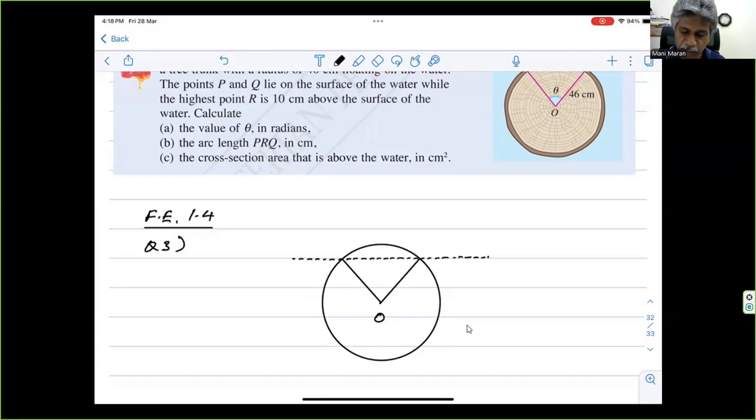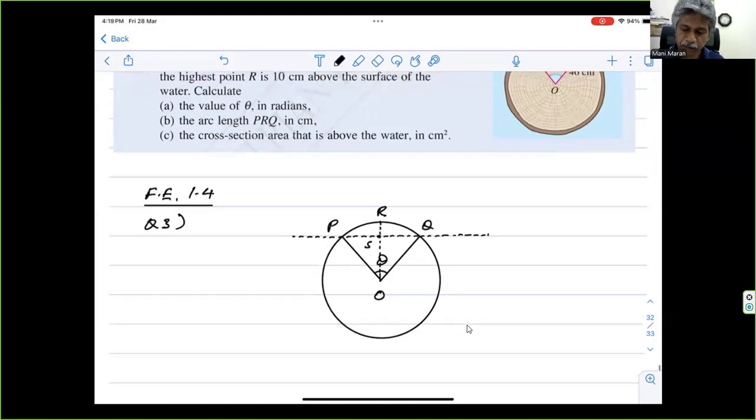And then this will be labeled as P and Q. The highest point will be R. And then you are also given this angle, and this angle is theta. Now draw a vertical line, another dotted line, so that the vertical line will cut PQ at point S. So we label this point as S.